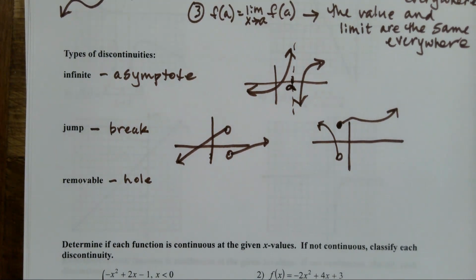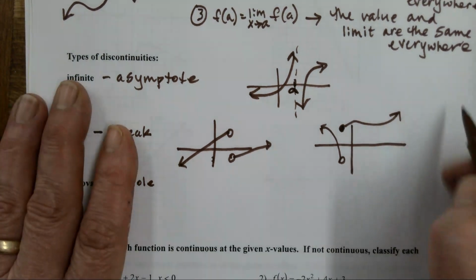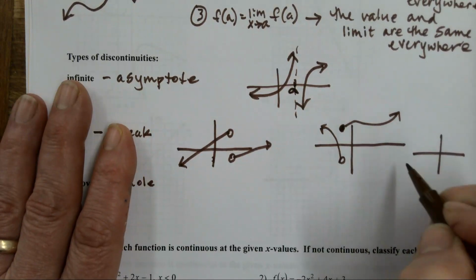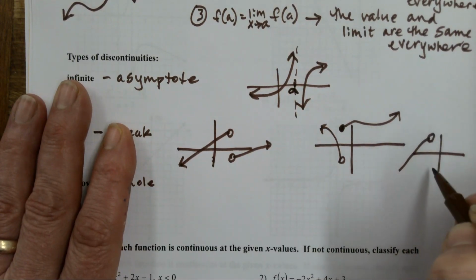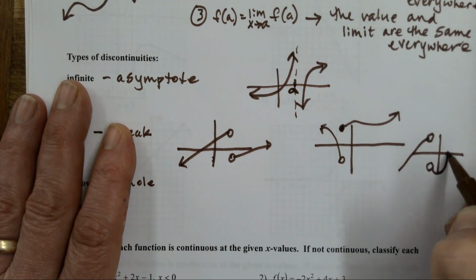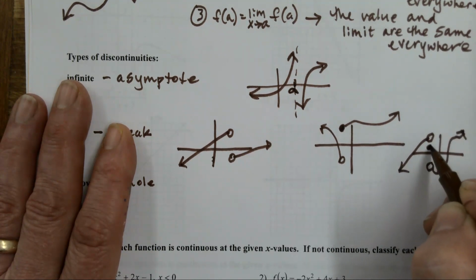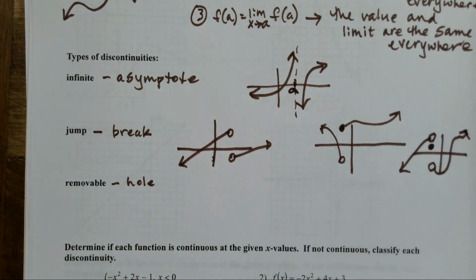I can even have a picture where it looks like this. Here's my break, here's my other side of my break, and it doesn't matter what it looks like, and I have a value that falls in between. But a break is a very clear break. We call a jump a physical break in the graph. It does not connect.